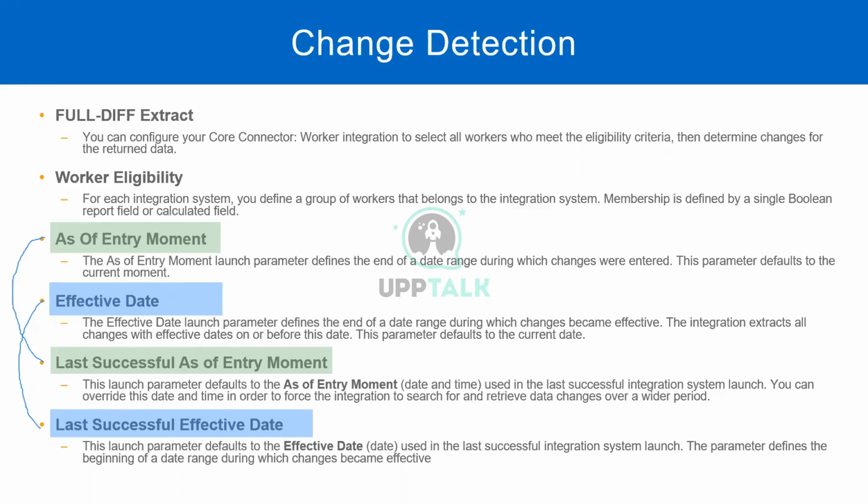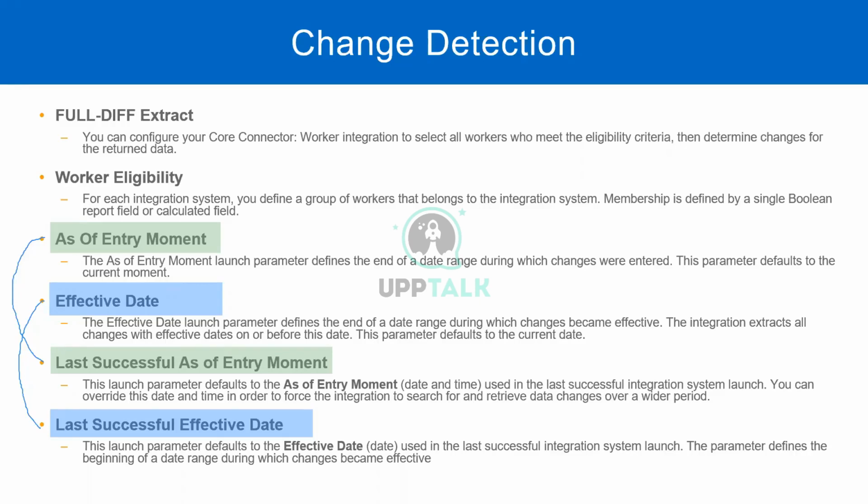What will be the effective date? So you will give an effective date parameter, and it will tell you the end of a date. So all the changes which are effective till that date. So let's say I have said my effective date is 28th of April. Entry moment is 28th of April.